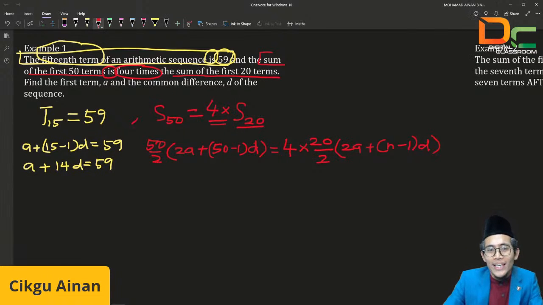So we can simplify this one first. 50 by 2 is 25, and then 20 by 2 is 10, and 4 times 10 is 40.